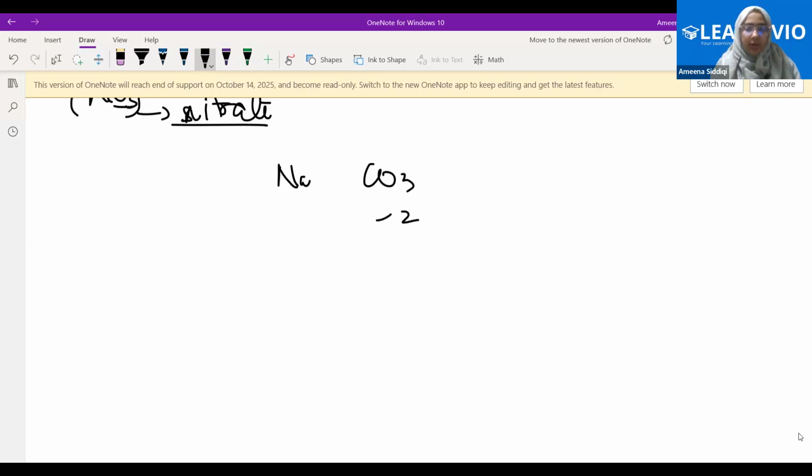At least try to practice it so that you are able to learn the charges on all the ions. At least know it for the polyatomic ions, because for single atom ions, you can calculate it through electronic configuration. For the polyatomic ion, it is CO3 with a net charge of -2.